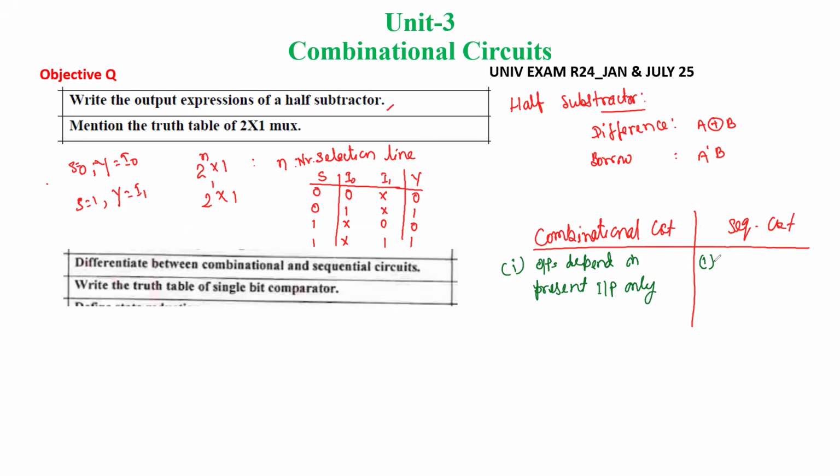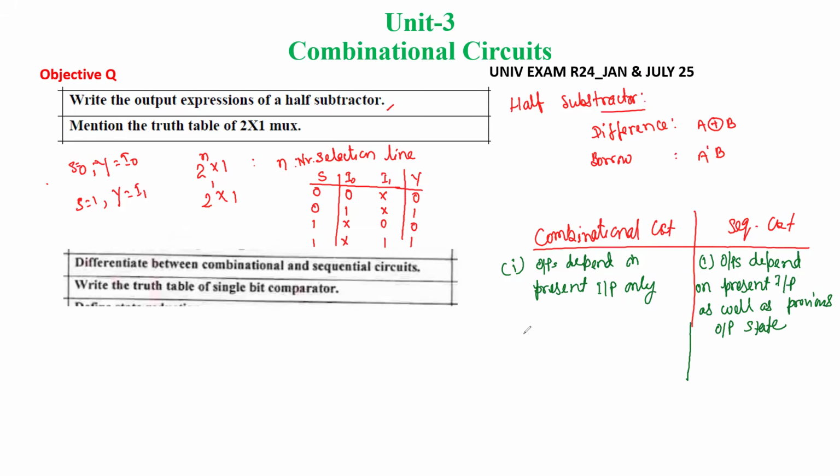Here, in a sequential circuit, outputs depend on present input as well as previous output or output state.